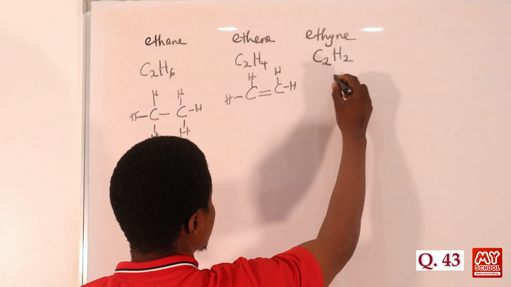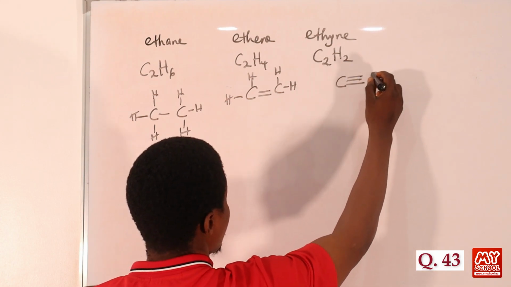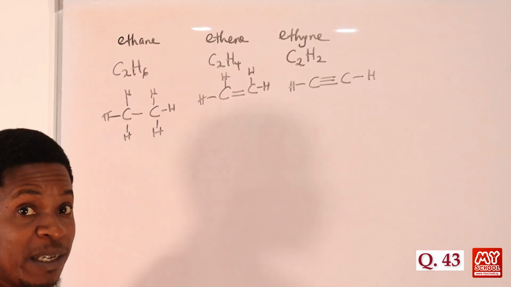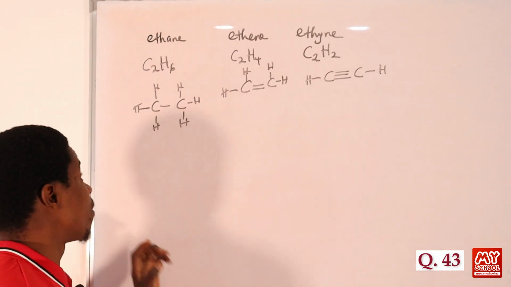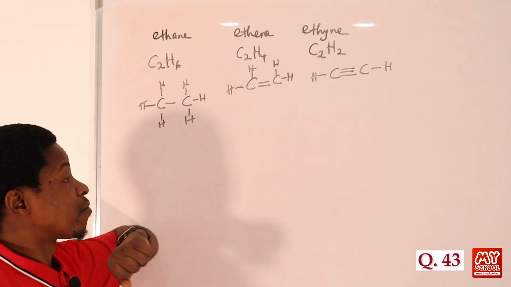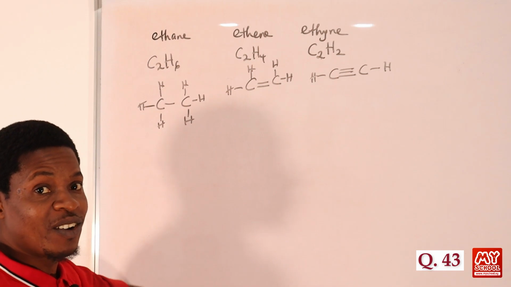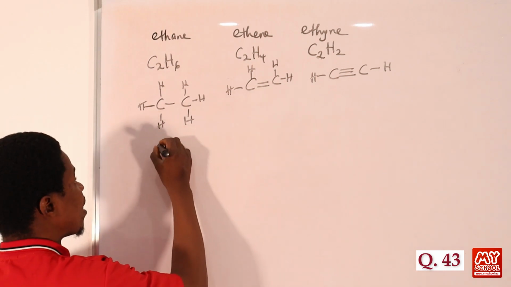Then for this we have two carbons with a triple bond, and one hydrogen on each. To make it simpler, we are talking about the shape now. Anywhere you see a carbon atom, between this carbon and that carbon, we have an s orbital, so we just use s to represent that.